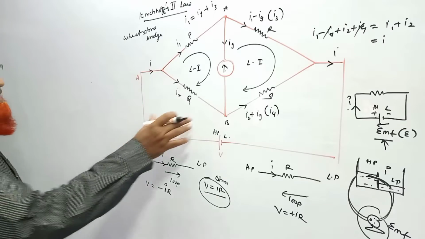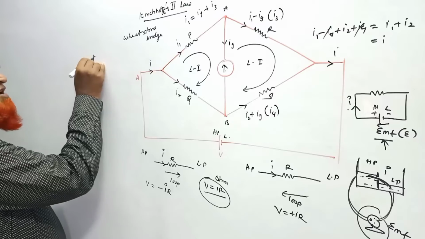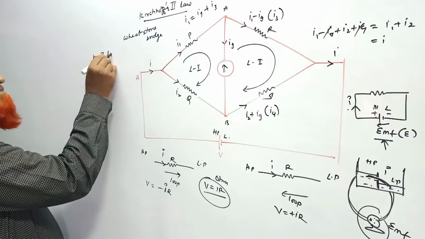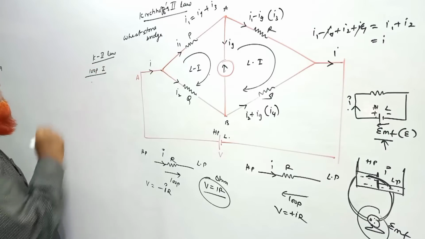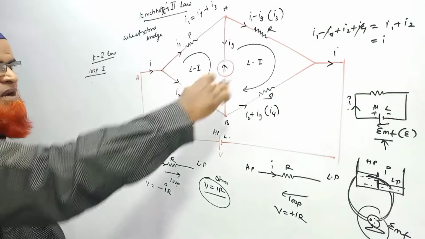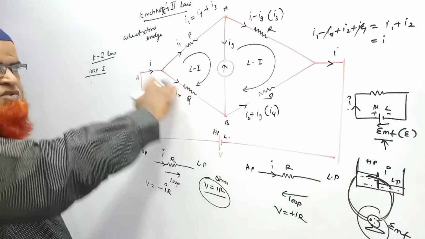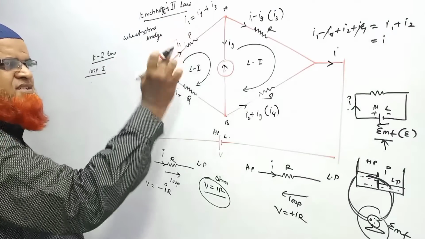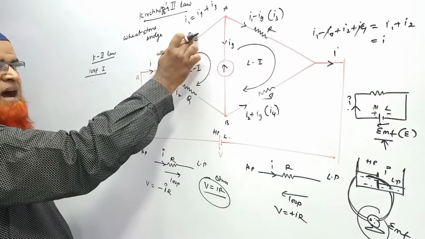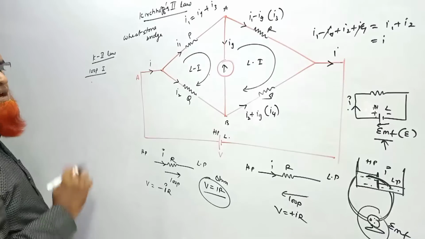Now, let us write the equations according to Kirchhoff's second law. In loop 1, what happens? This is loop 1. Like this you have to consider. The loop is in this direction, current also in this direction. These are the resistors. R means P here.